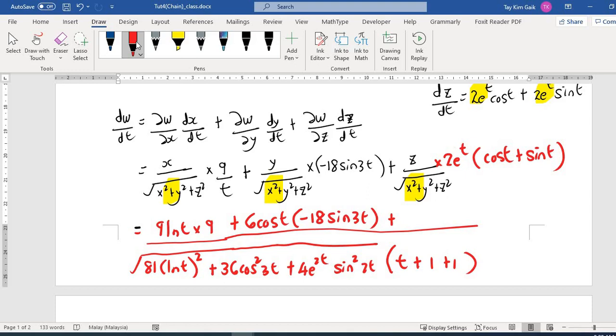Plus z. z is actually 2 exponent t sin t, so multiply 2 exponent t, this is cos t plus sin t.